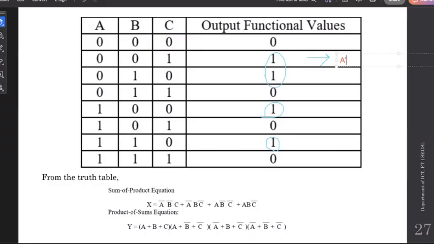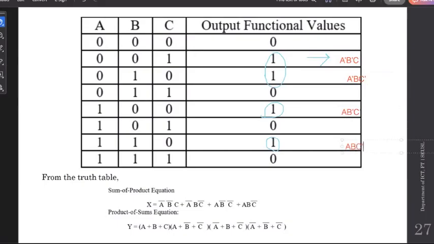A bar, B bar, C. Now do the same thing here: A bar, B, C bar. Good. Here, A, B bar, C bar. And here, A, B, C bar.